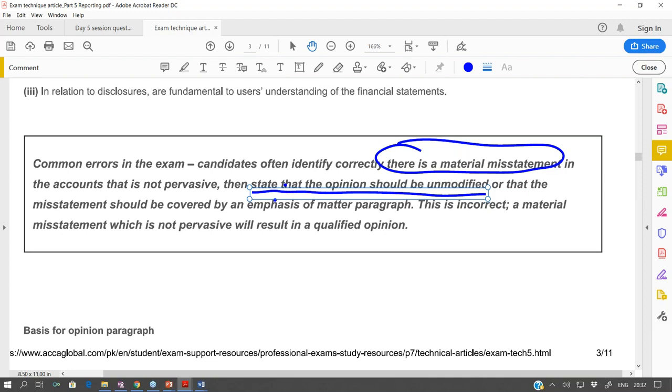So please read the common errors and do your self-analysis of where you went wrong in prior exam sittings. And those of you who are going for the first time, please ensure that you read these common errors so that you don't make them in the exam paper.